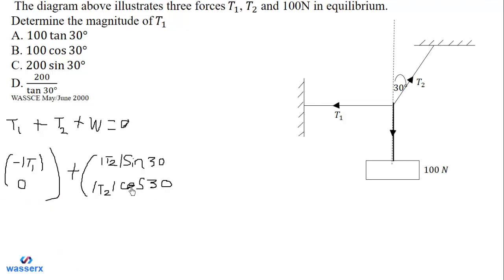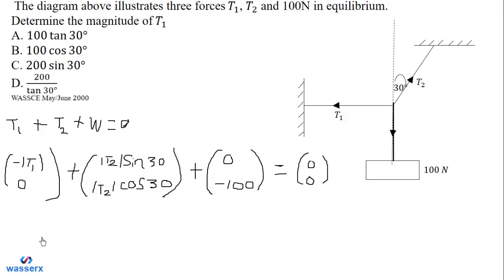Let me rewrite this one over here. So this is what we have. Then now let's go to the component of the weight, which is 0, negative 100, and all this must be equal to 0, which is a 0 vector.